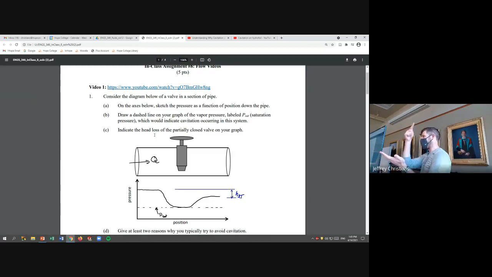So you dip down below the saturation pressure, form a bubble, then you slow down and go back up in pressure, and that bubble collapses. That collapse is super fast because you get a very fast pressure change. So that's what you're hearing, that huge rumbling noise. You're hearing the collapse of those vapor bubbles.